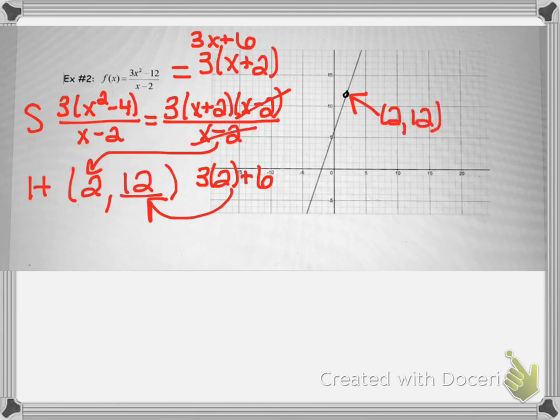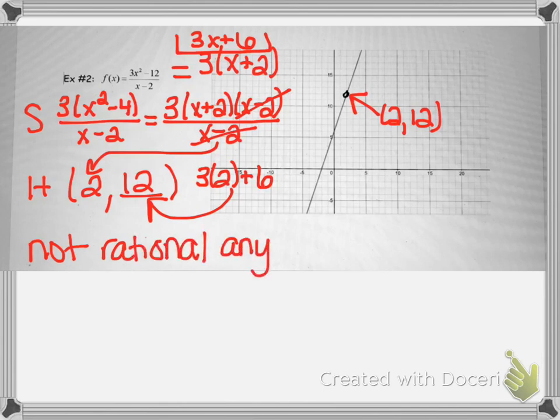But because my simplified equation is now just a line, I don't have to continue with any other of the Rady steps. Okay? It's not rational anymore. So that means that 99% of this graph is going to behave as a line. It is literally just going to be graph a line and remember to put that hole somewhere on the line.